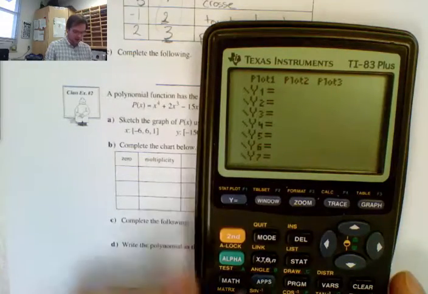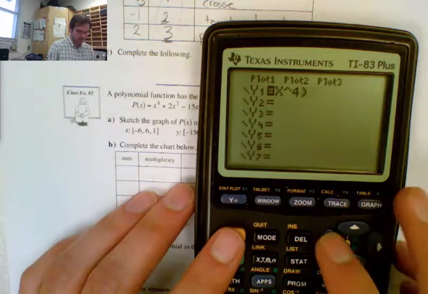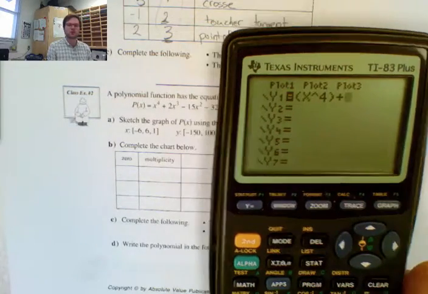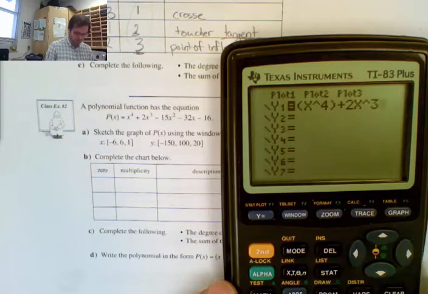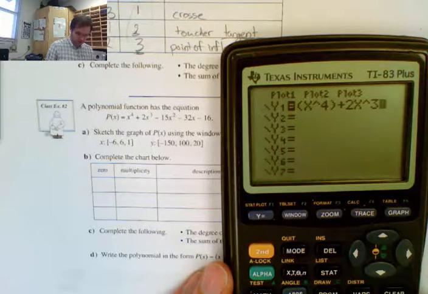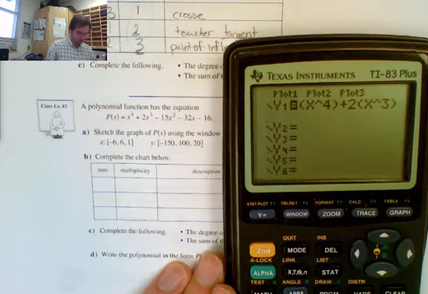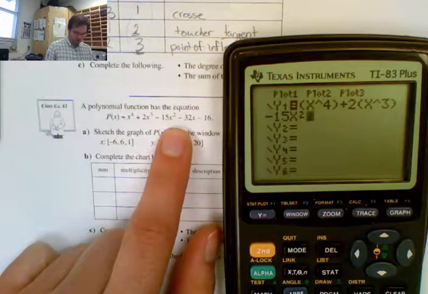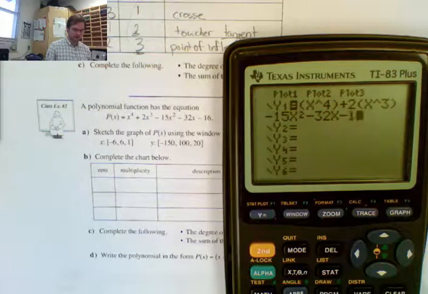We have x to the power of 4, and I'm going to put that in brackets, just to be safe, plus 2x cubed, and it's only the x cubed, so I'm going to put a bracket, and then minus 15x squared, and then minus 32x, and then subtract 16.